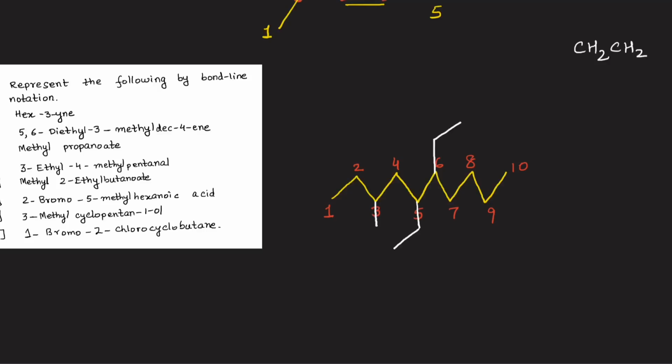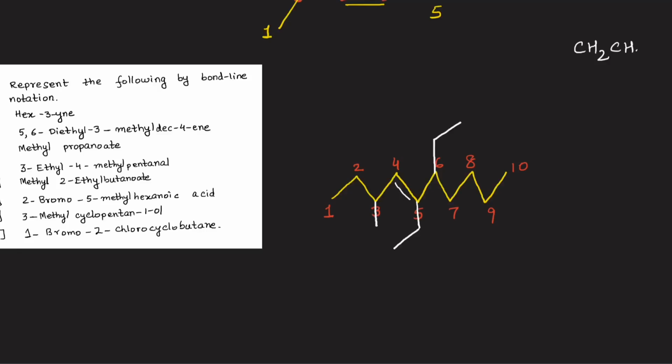So that means we have a double bond between the fourth and the fifth carbon atom. This completes the structure of 5,6-diethyl 3-methyl dec-4-ene. You notice over here, we've not represented any of the atoms, right?